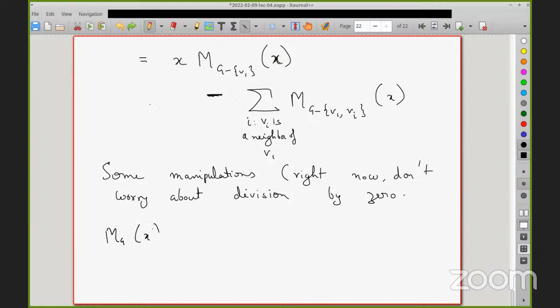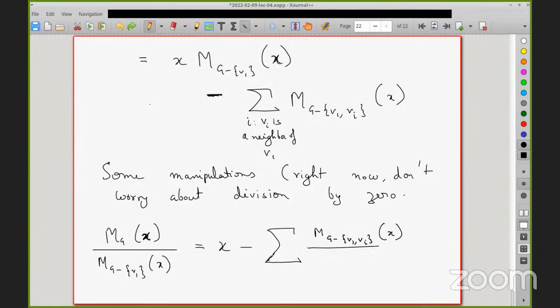We get that m G of x divided by m of G minus V1 of x is equal to x minus the summation over i in the neighborhood of m of G minus V1 Vi of x over m of G minus V1, where the sum is over the neighborhood. Is this fine? Yes.